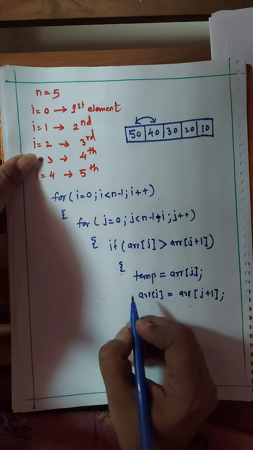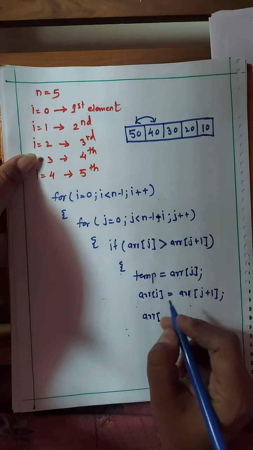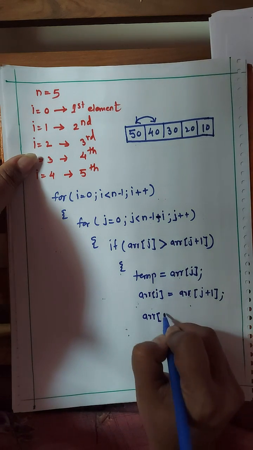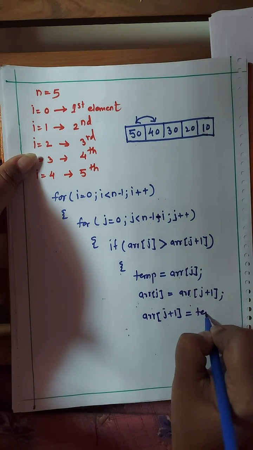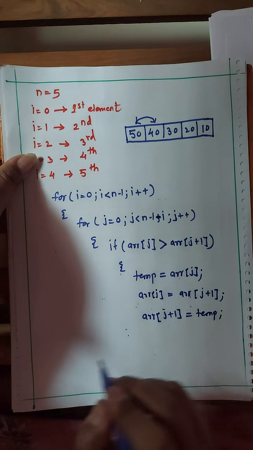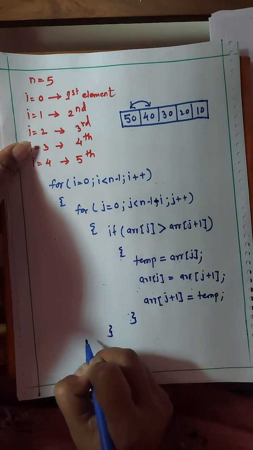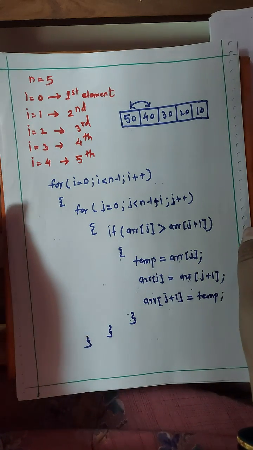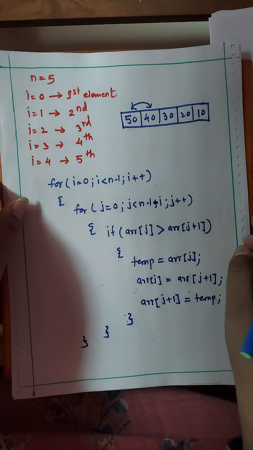Now we assign ARR of j plus 1 equal to temp. In that way the sorting will be done. So this is the simple algorithm for sorting elements in bubble sort.